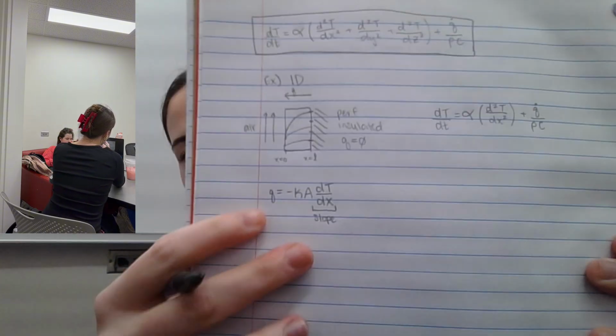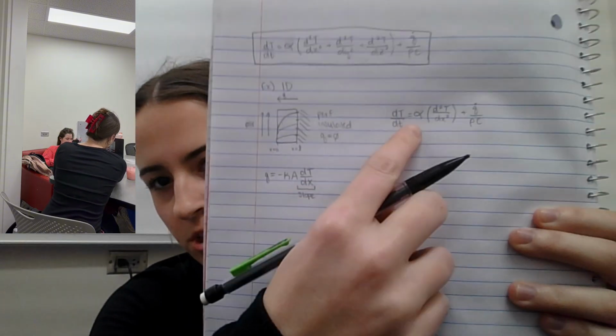But since we're looking at this in terms of our heat generation here, we're going to need to change the flux into our rate. So that's going to be q dot instead of just q. And we're also still trying to look at this as if it's a 3D object, because this equation is derived in terms of a 3D object.